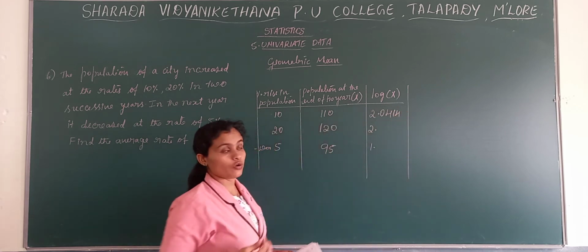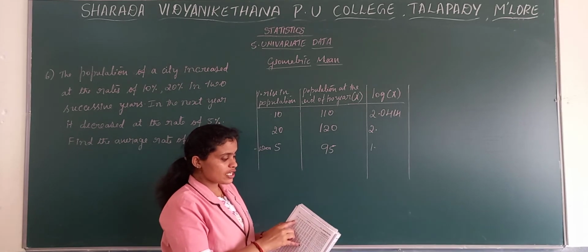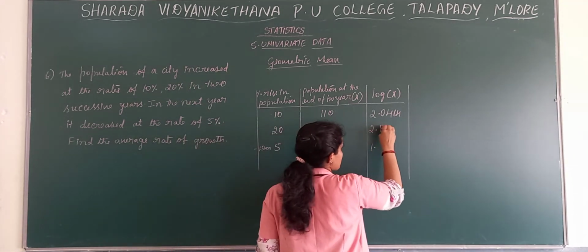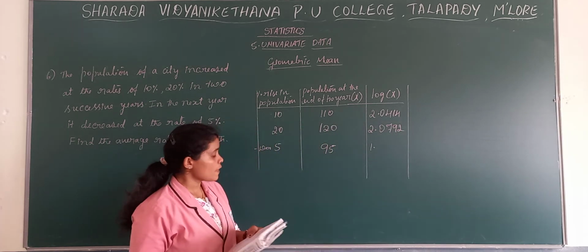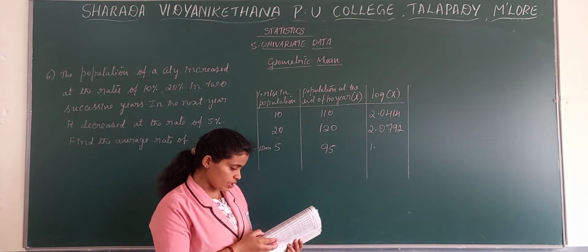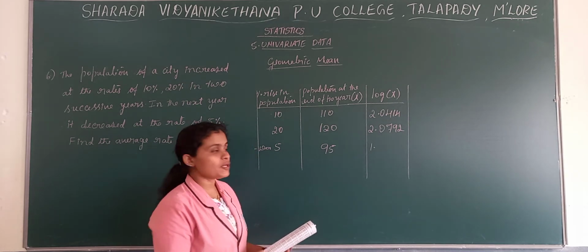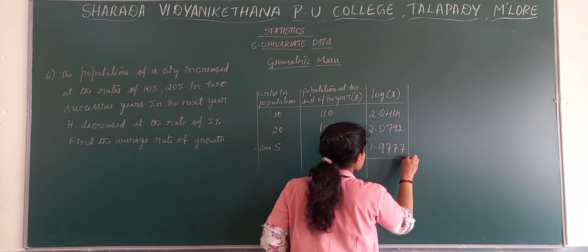And 120 log column: 0, 7, 9, 2. 95 log column: we get 9, 7, 7, 7.